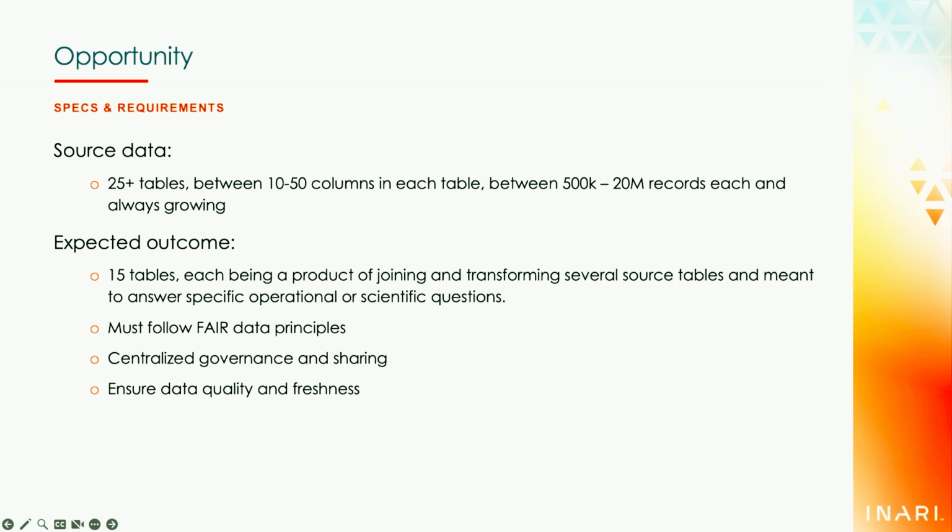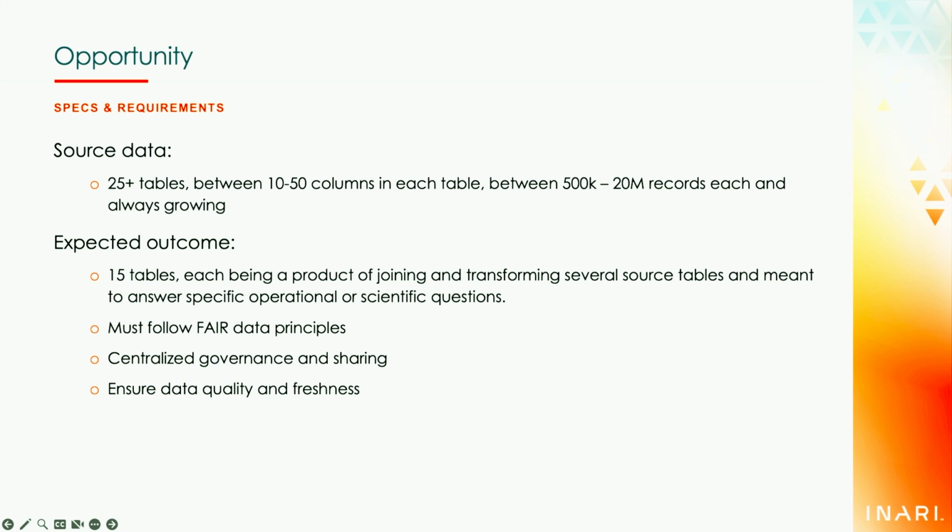And the outcome was 15 tables, each sort of a data product, which would be a product of joining and transforming several of these source tables and meant to answer specific questions, either scientific or operational. We wanted it to obviously follow FAIR data principles because it wasn't previously findable, accessible, interoperable, or reusable.